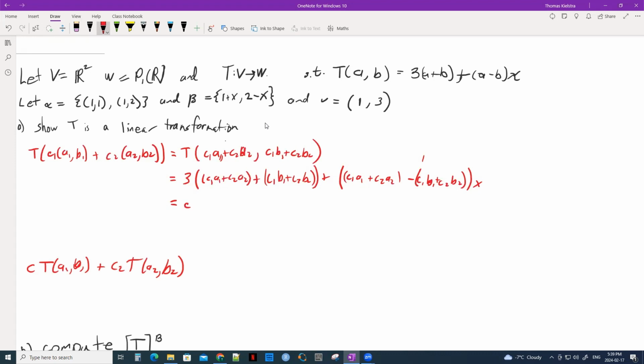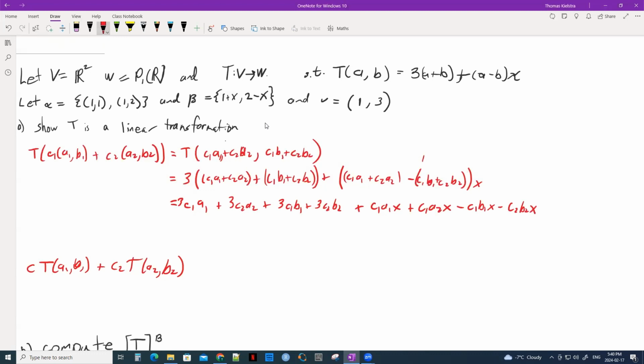So we're going to get 3c1a1 + 3c2a2 + 3c1b1 + 3c2b2 plus c1a1x + c2a2x - c1b1x - c2b2x.